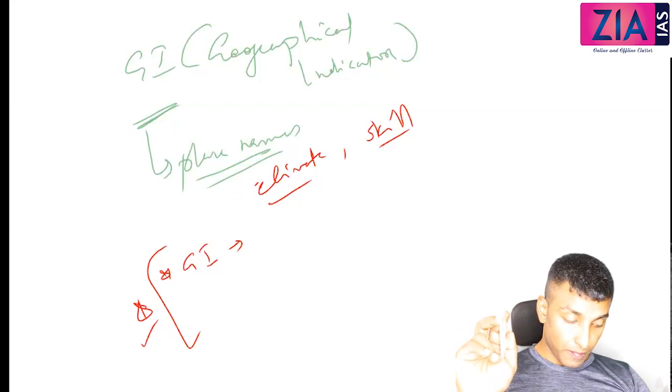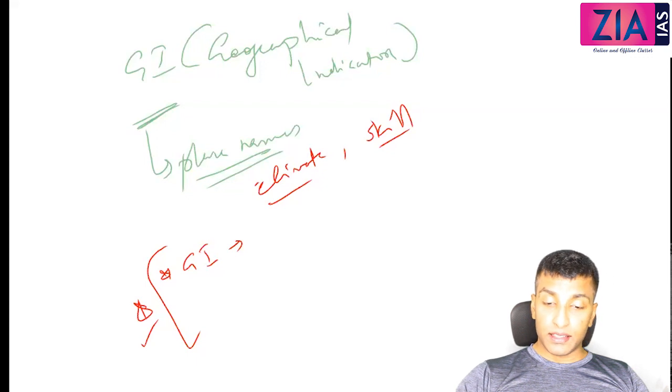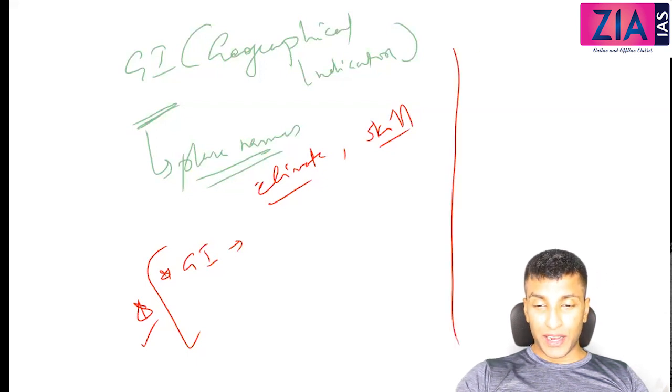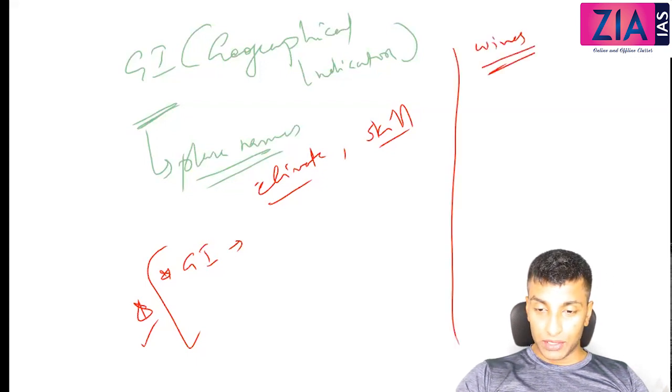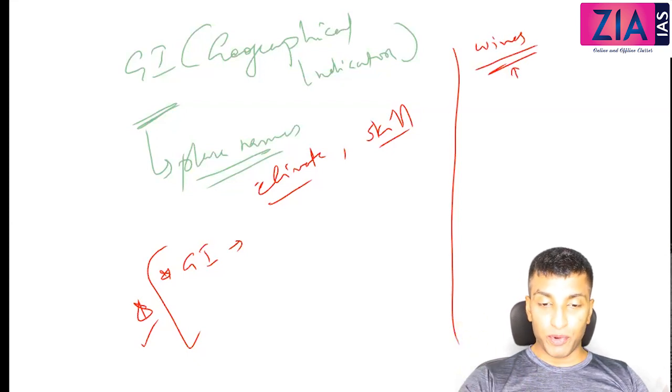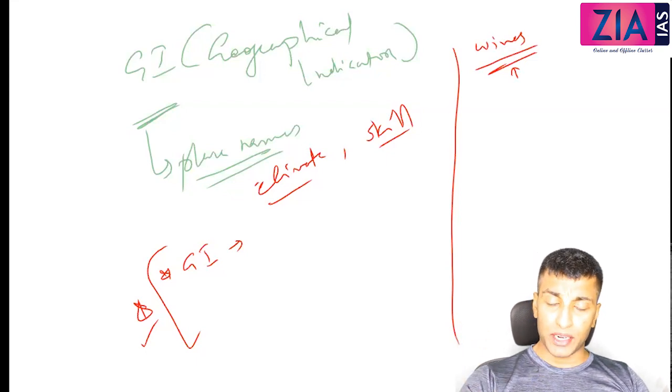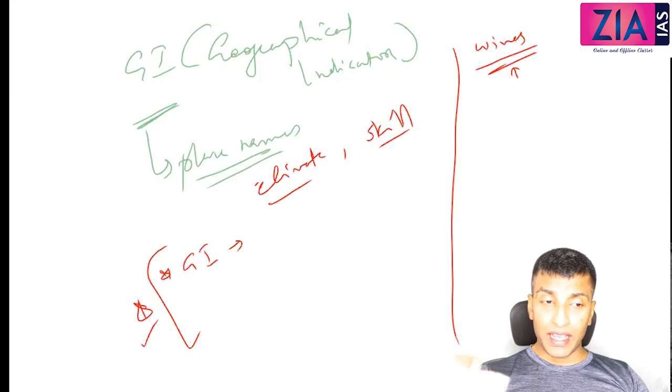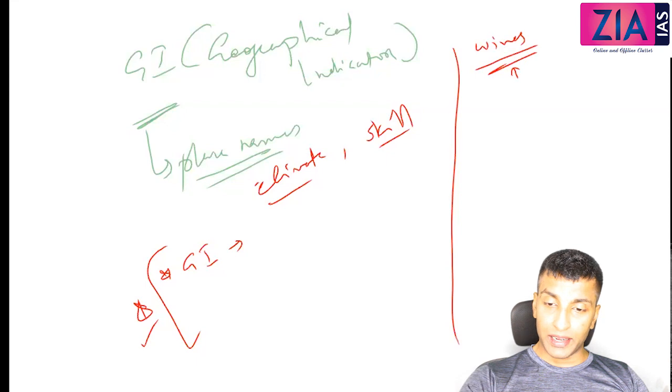Okay. See, initially geographical indicators were confined mostly to a few wines, because such products were coming from developed countries. Initially this benefit was actually taken by the developed countries. So mostly their specific thing was related to wines.